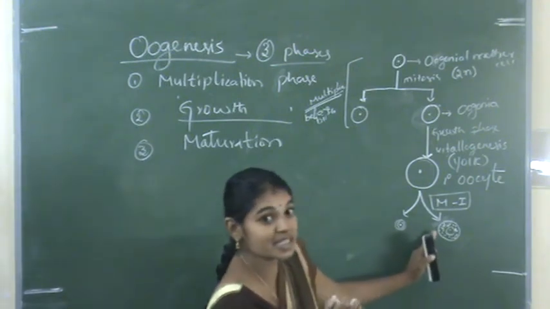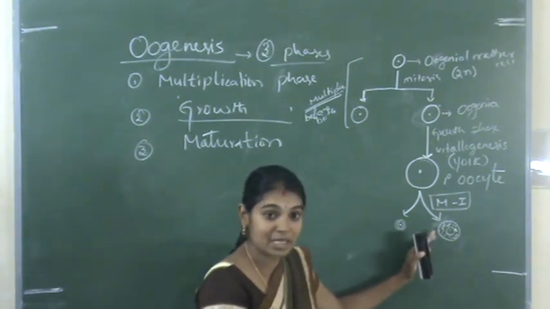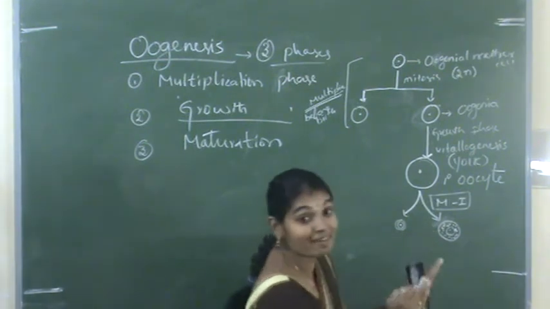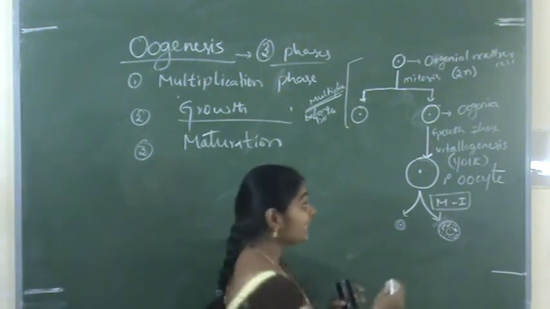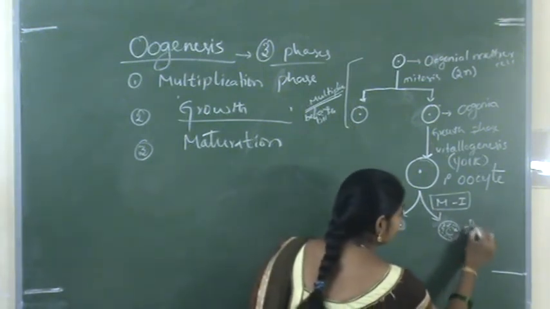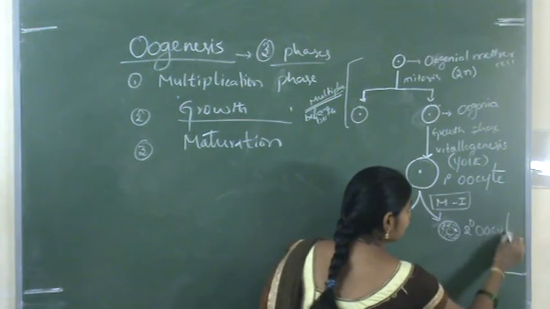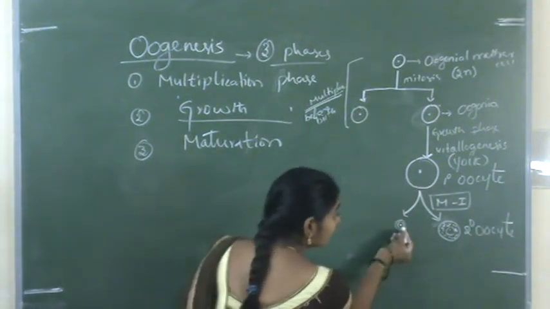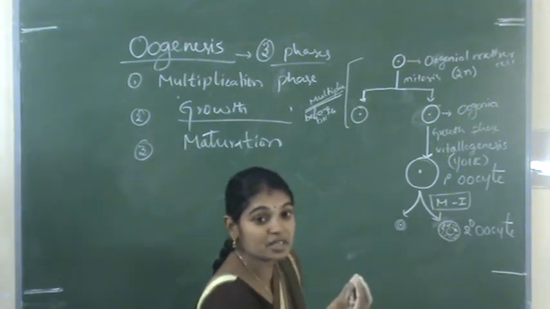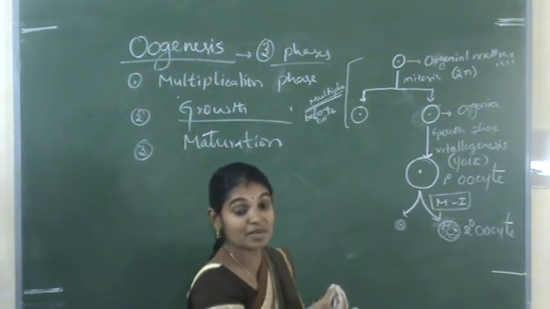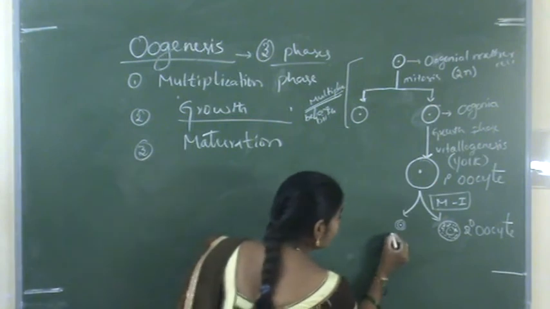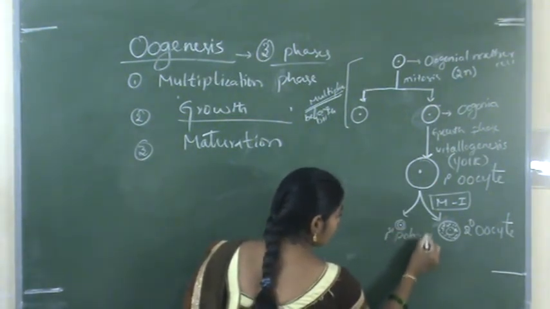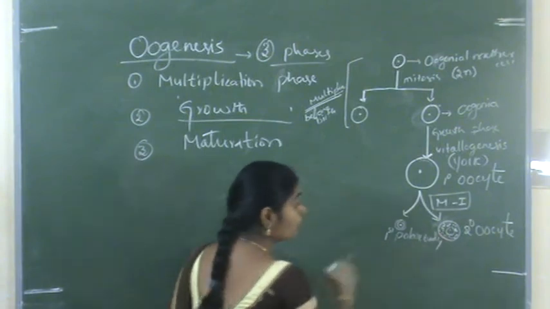The cell which gets the larger amount of cytoplasm develops into the secondary oocyte. The cell which gets the lesser amount of cytoplasm is known as the first polar body.